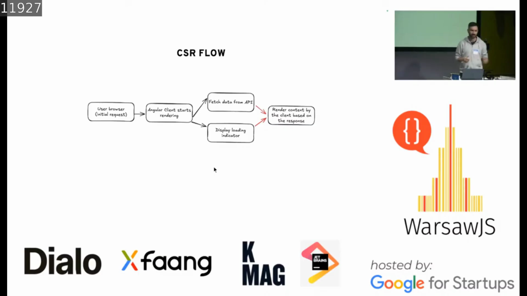And also, since we are fetching the data from the remote, we also have to display some kind of a loading indicator. The reason I added those two red arrows is that it could take some time. First of all we render the page, then we make some kind of HTTP call to the remote, and then we are waiting for the data, and it could take time.